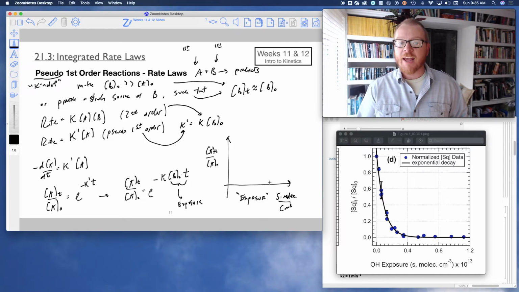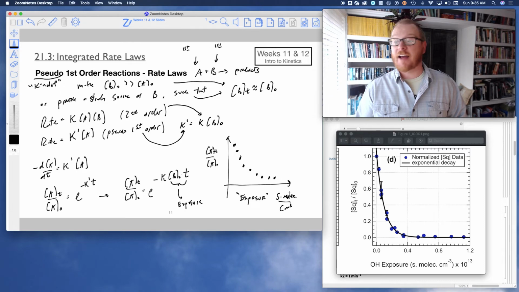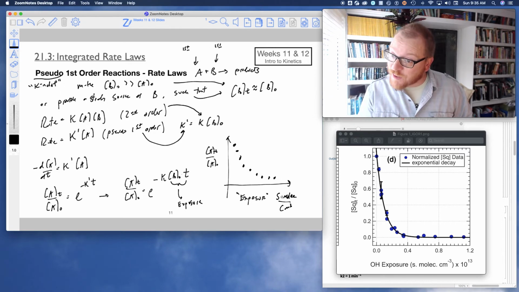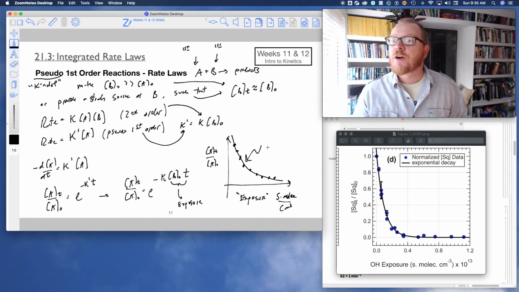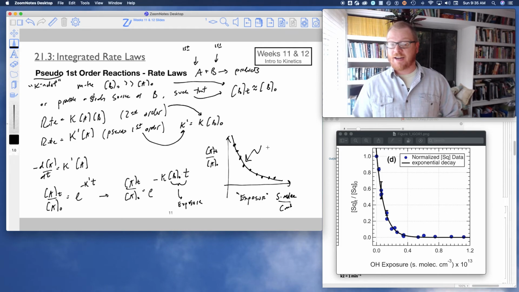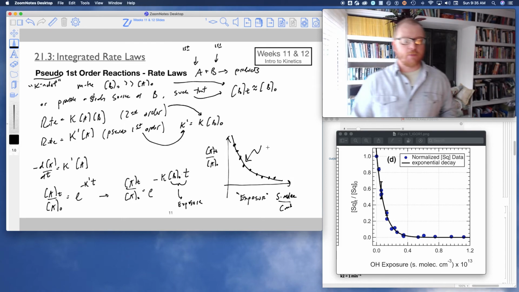Okay? And so now if I plot this x-axis in this way, okay, where instead of versus time, it's time multiplied by the concentration, then I will get a first order decay out of that. And when I fit this, I get an apparent first order rate constant. Okay? No, excuse me. I'm sorry. I misspoke there.